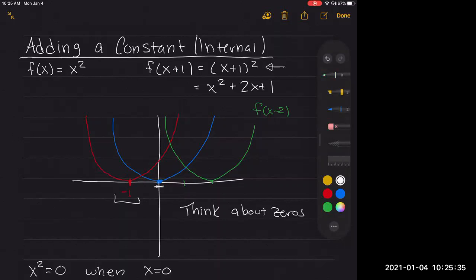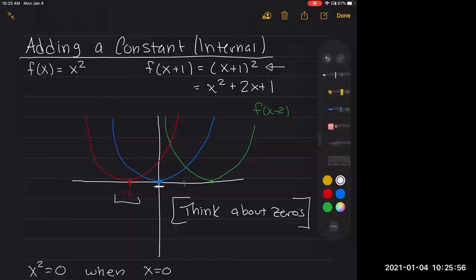So just really remember to think about where your 0 is. That's going to be the best way to really understand adding a constant internally, because it feels a little funky at first. I used to get it mixed up a lot. And if you get it mixed up a couple times, don't feel bad. It's definitely a complicated thing, and it takes a little while for your intuition to catch up.